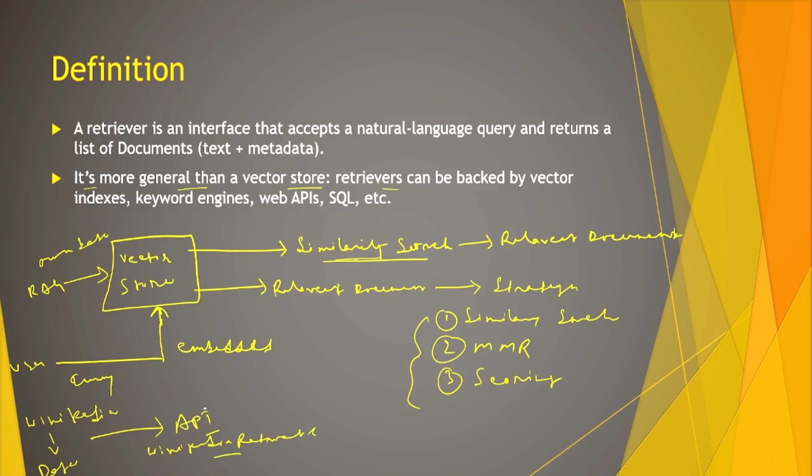This is one type of retriever. If we want to use this type of external data source, then we have to use this type of API retriever. Using a vector store, we cannot access any data source outside of our database, so that is why we have to use a retriever in that case. So there are multiple advantages of using a retriever rather than a vector store, which is why it is written here: it's more general than a vector store.